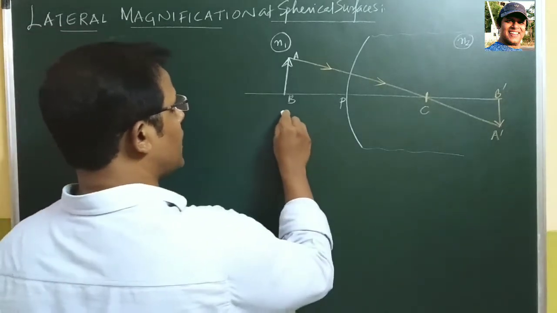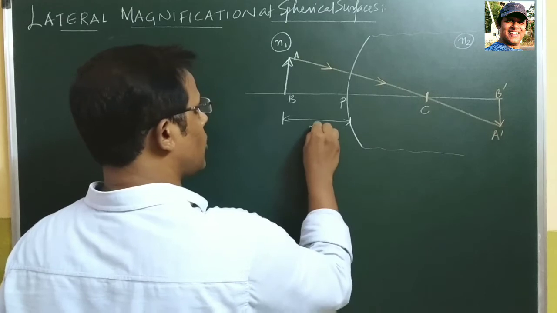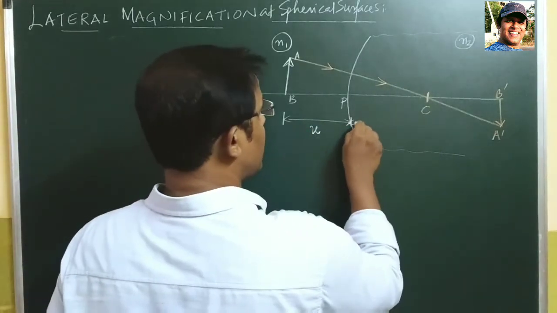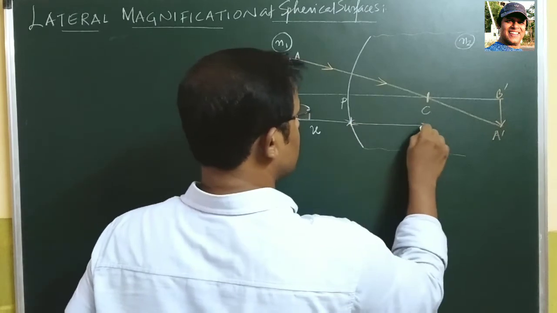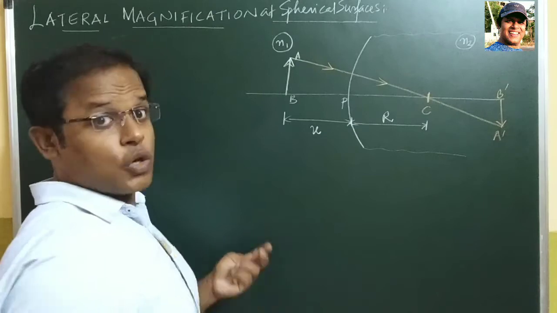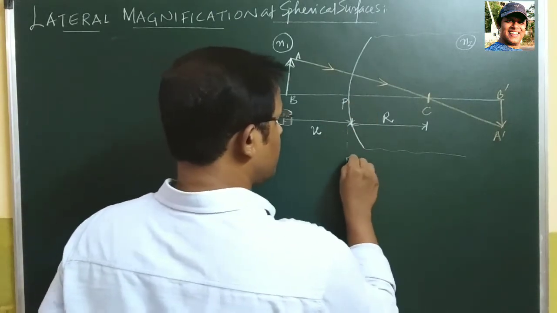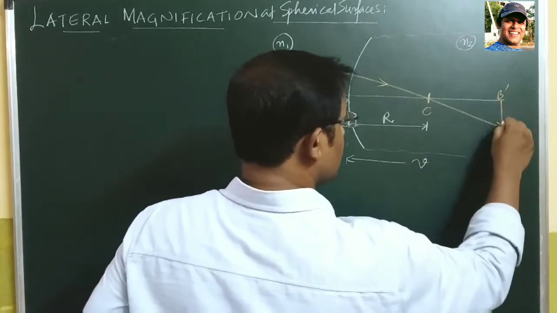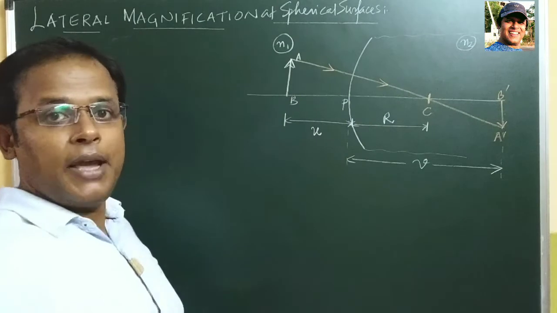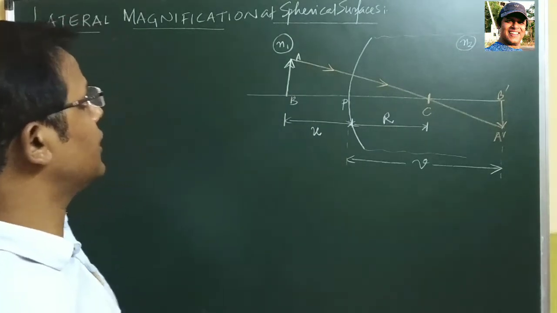What is easy to identify? That this distance from P to B is our object distance U. What is easy to identify is the distance from P to C, called the radius of curvature of the refracting surface, and the distance measured from P to the image is very appropriately called the image distance V. Is that clear? Alright, let us get on to that.